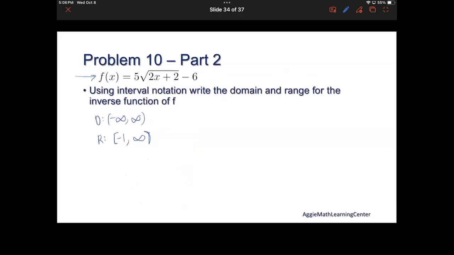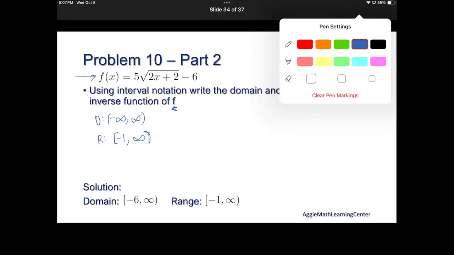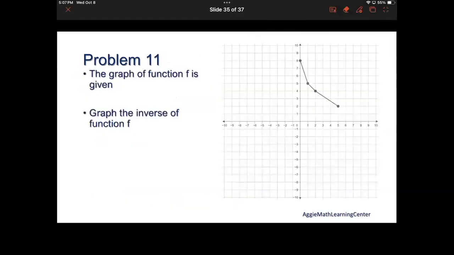Okay, questions? Wouldn't the domain be? Oh, sorry, yes, I made a mistake. It's asking for the domain of the function of f, my bad. So I need to look over here.